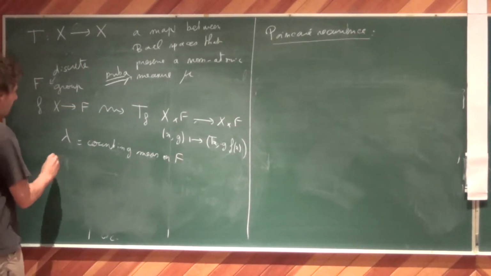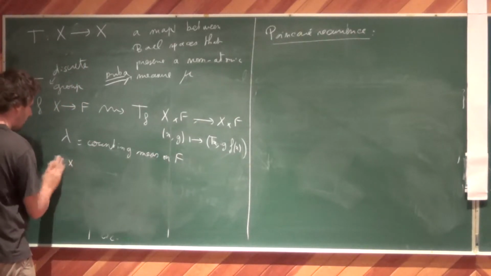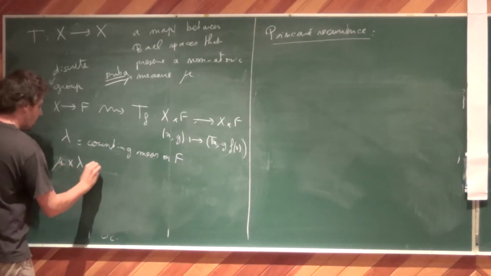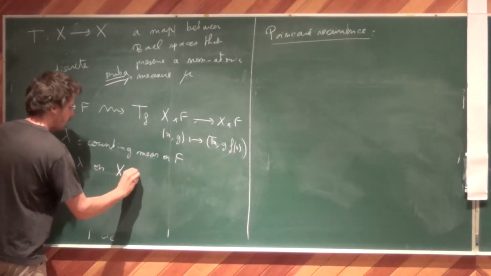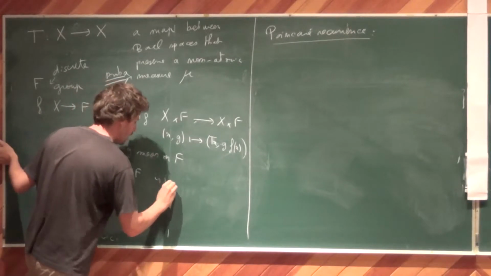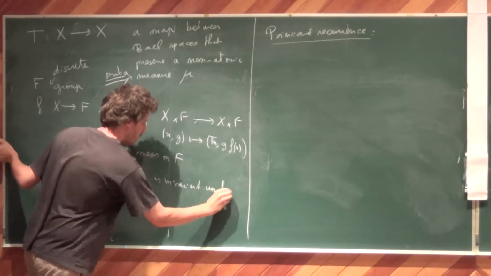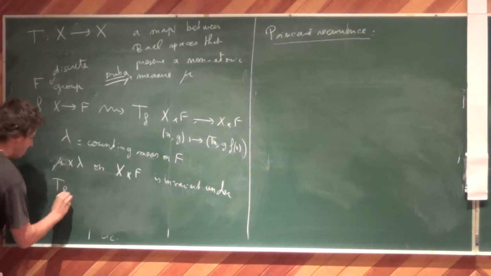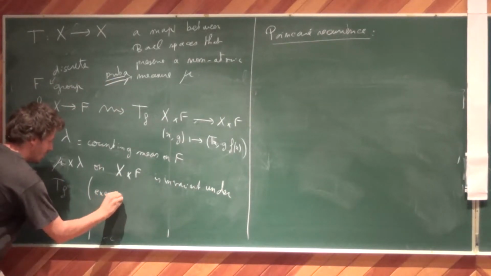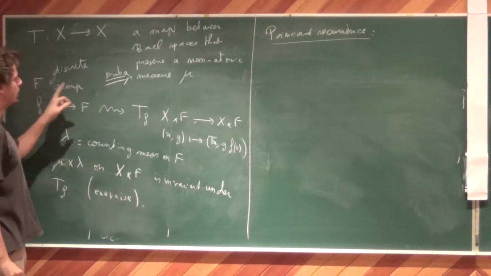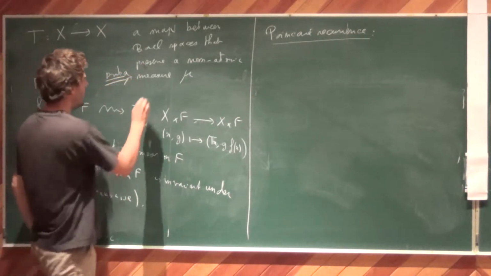The counting measure on F and mu times lambda, which lives in X times F, is invariant under my skew product. So, exercise. What does it mean, invariant? I write preserved here, but what does it mean?